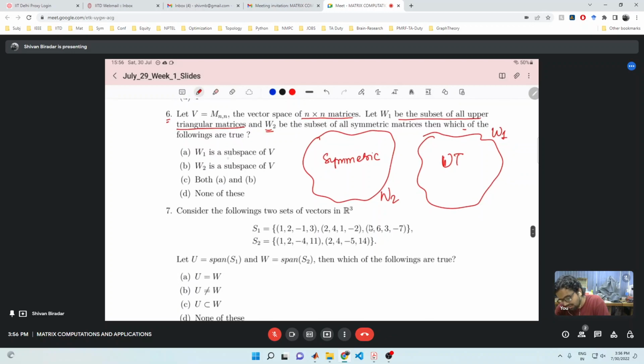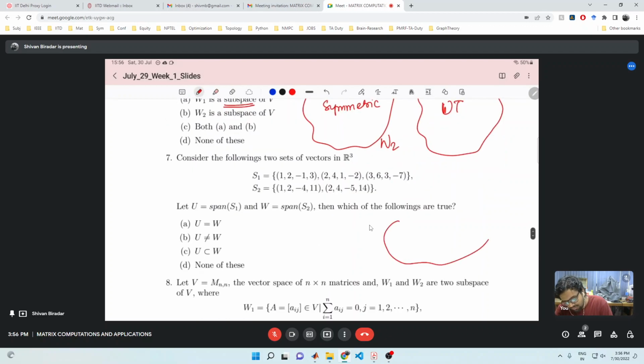So what is a subspace actually? Let us consider a vector space. So you have a vector space. This is a space, right? And let us call this a vector space V. You have a small subset of this vector space, and let us say it follows some properties.